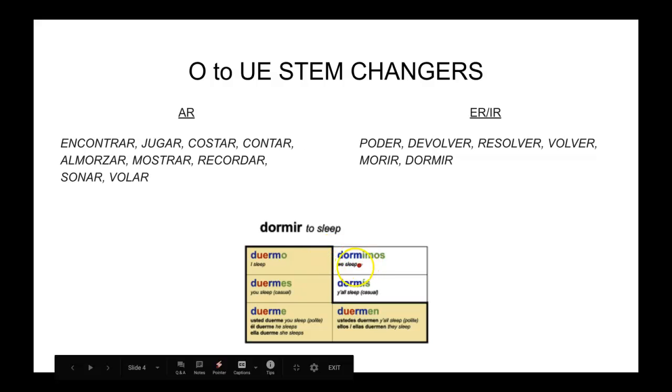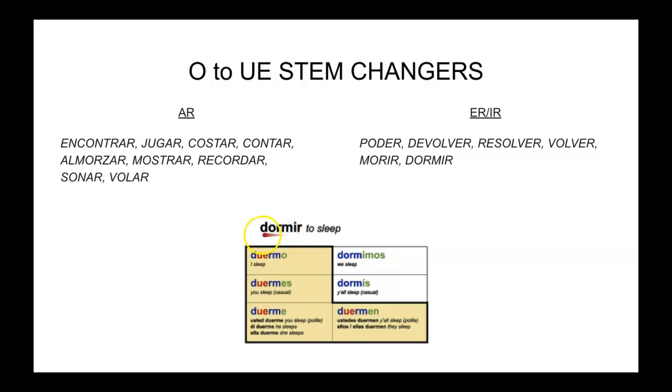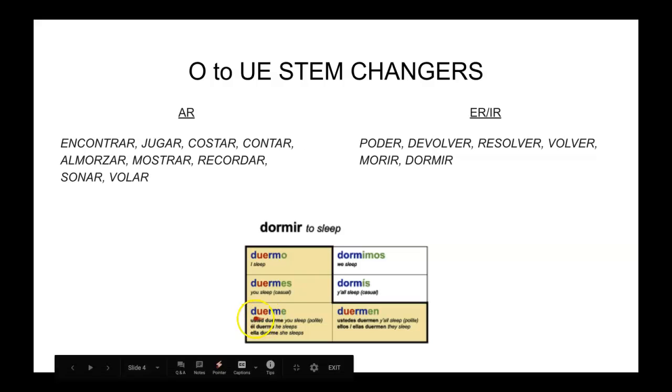Notice that the nosotros and the vosotros forms do not change. Their stems do not change. It retains the dorm quality. But for the other ones, the yo form, the O changes to UE. The tú form, the O changes to UE. Same with él, ella, usted. Same with ellos, ellas, ustedes. This, my friends, is what is meant by an O to UE stem changer.